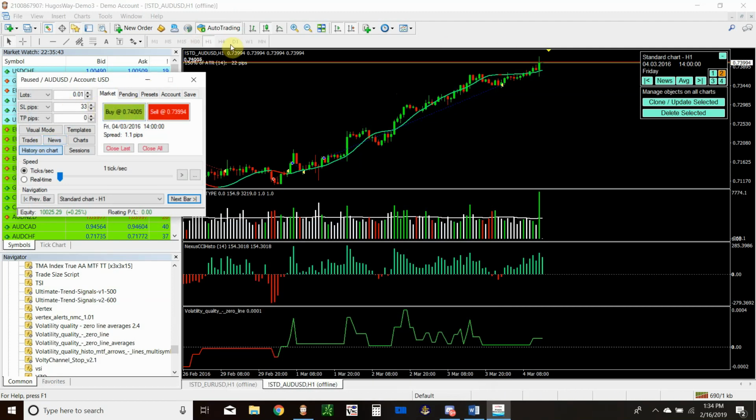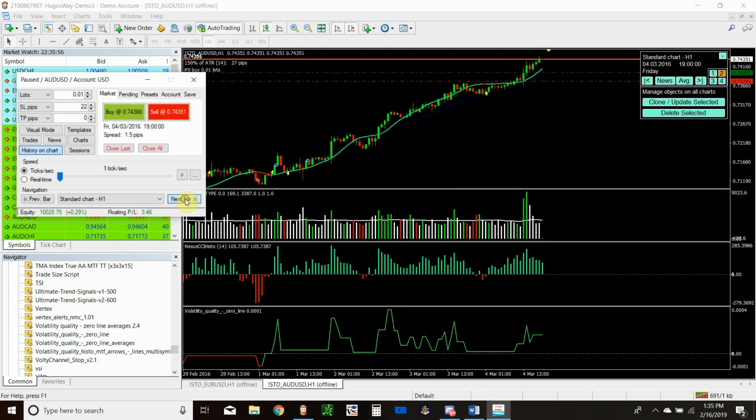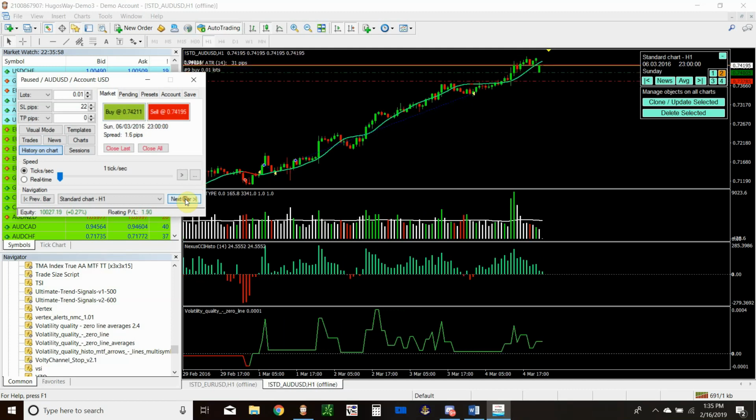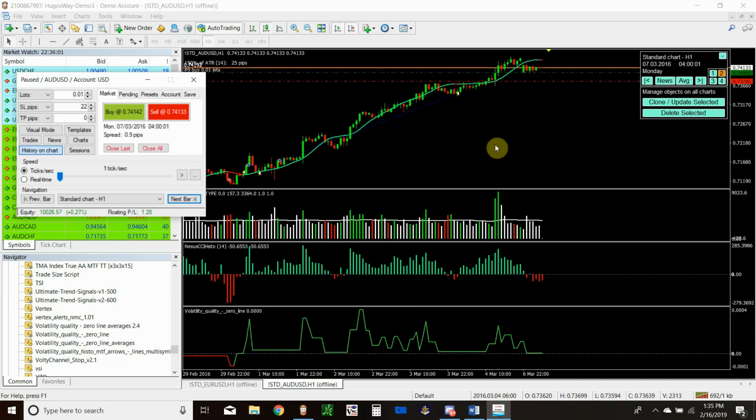So we'll go ahead and buy here. It looks like our stop loss will be 22 pips. Buy. Okay, so we'll go ahead and exit there, just because that fits our rules.